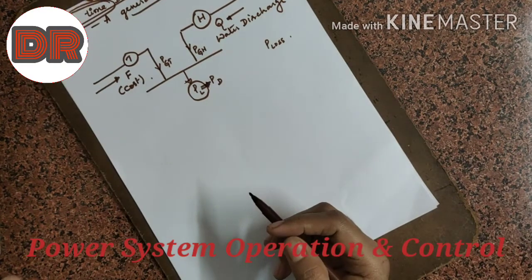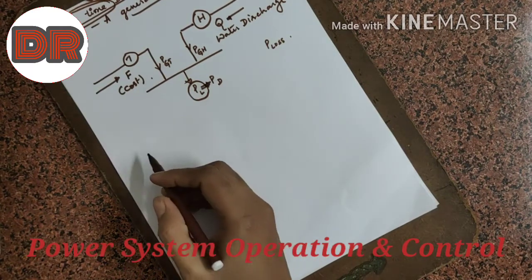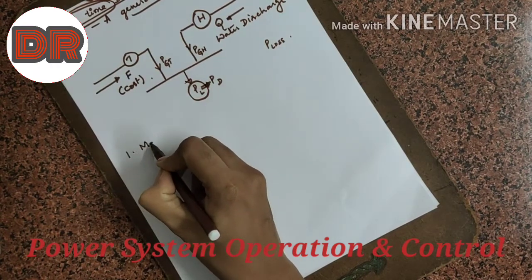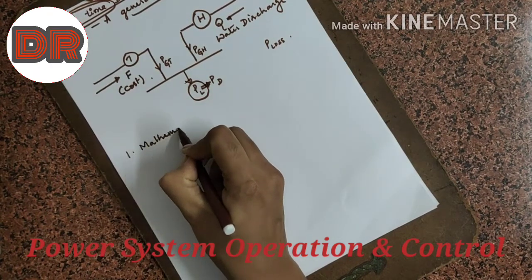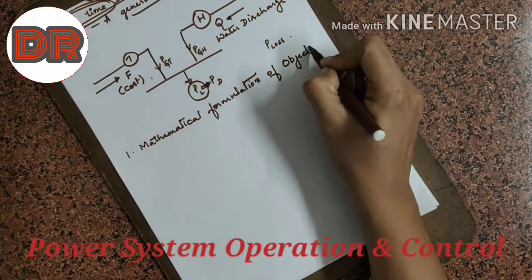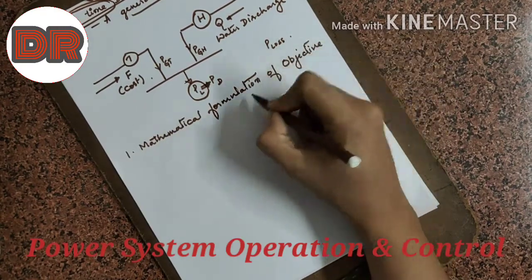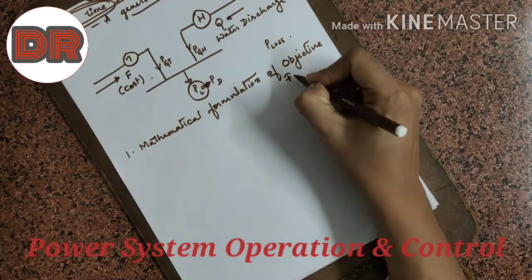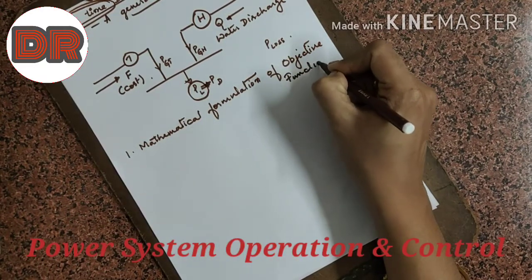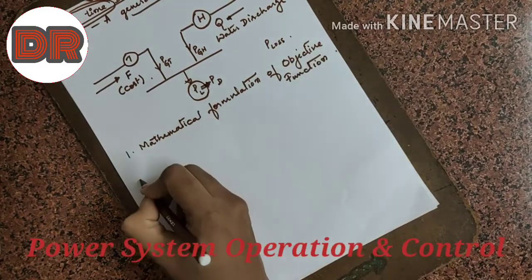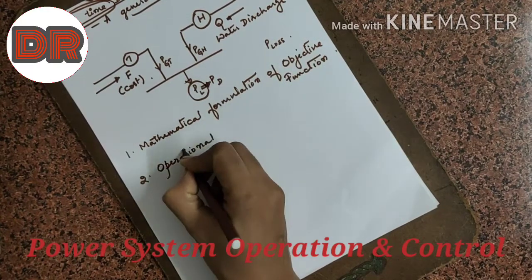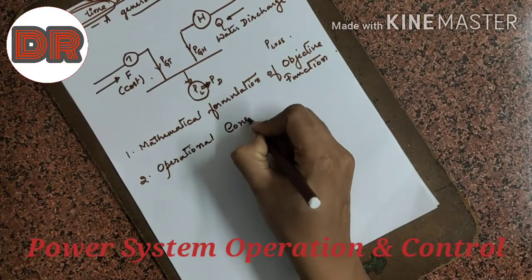Let me divide this entire explanation into a few steps. The first step is that we have to write the mathematical formulation, the mathematical equation of the objective function. The second thing we have to write is the operational constraints.